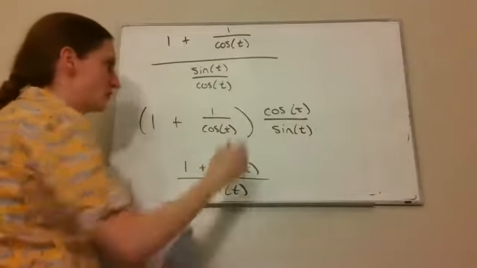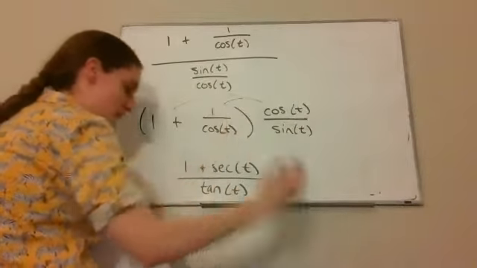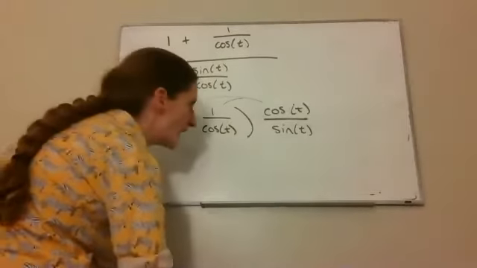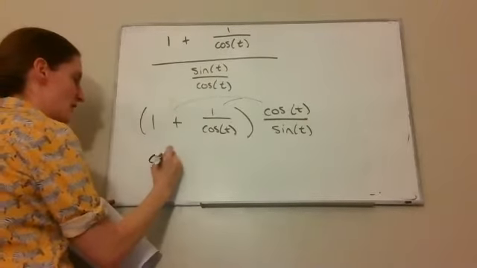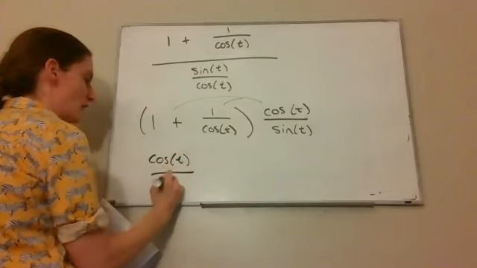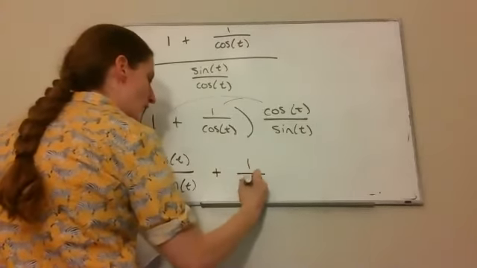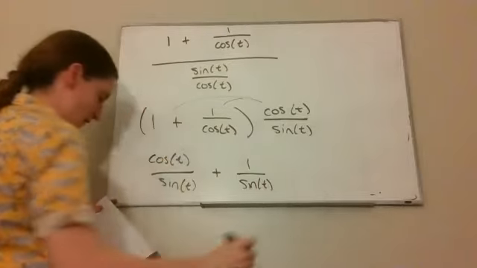Now I can distribute. And when I distribute that, I have cosine t over sine t plus a 1 over sine t.